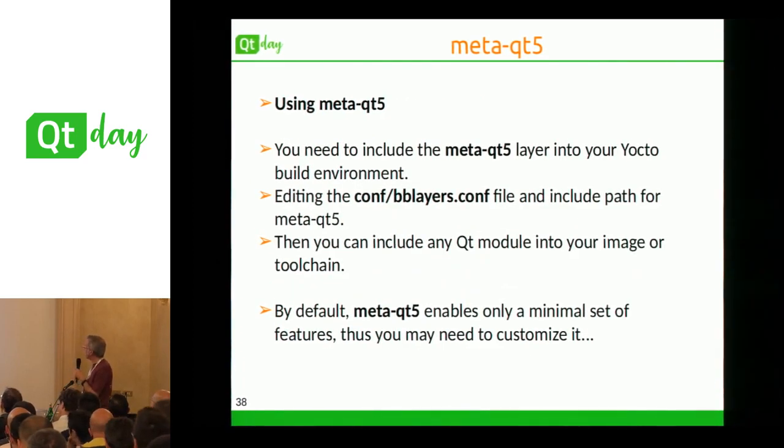But as far as you downloaded the meta-qt5, you need to update the bblayers.conf, which is a typical configuration file of the Yocto Project. You need to add this layer to the system. In this way, BitBake will know that you have added the meta-qt5, and you can start customizing it.